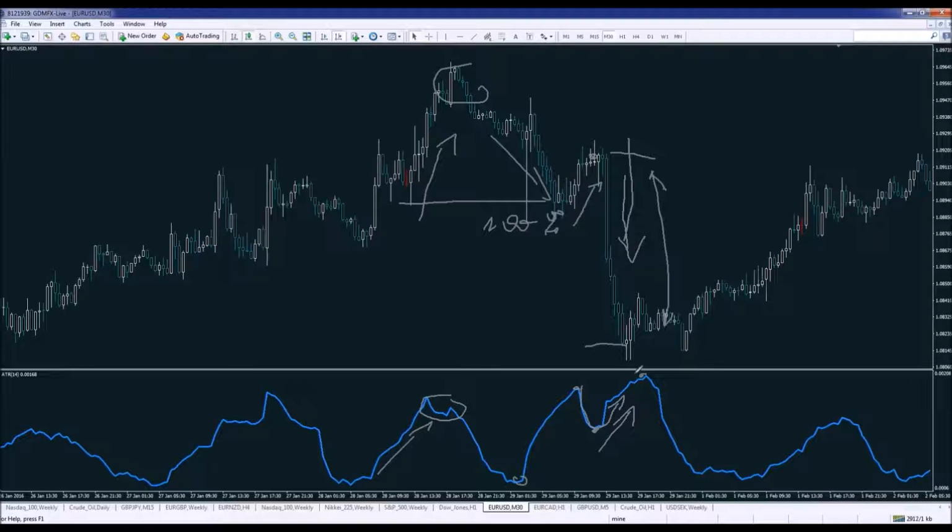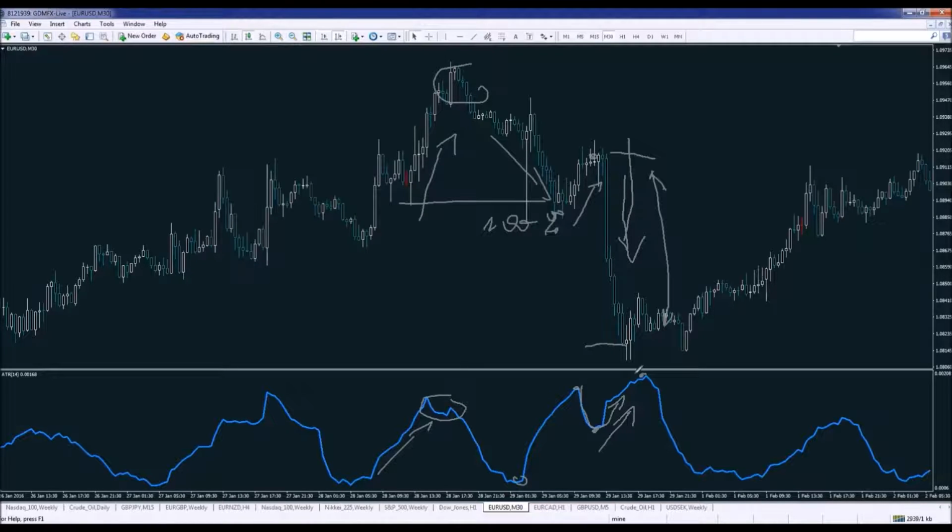So what we've learned so far is that we cannot use the average true range as a standalone indicator on a small time frame and pick a market direction. We need something to show us the direction of the market.